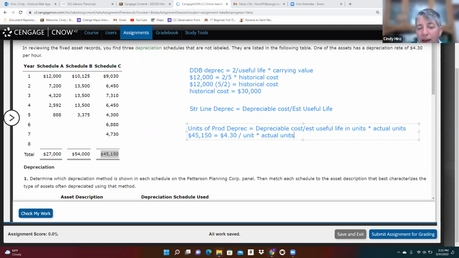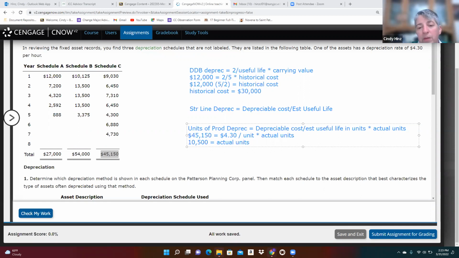And so we now have an equation that will allow us to solve for actual units by dividing both sides by $4.30 per unit. So the total depreciation, $45,150 divided by $4.30 is 10,500 actual units.